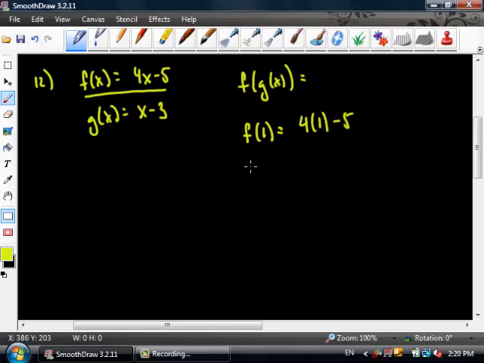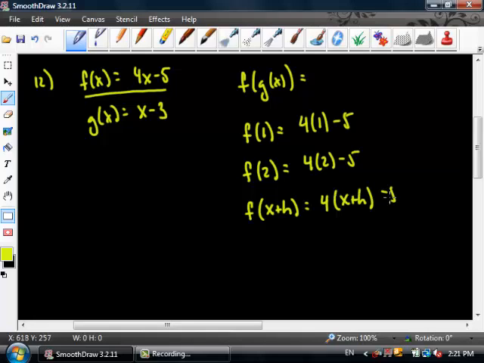If I asked you for f of 2, what is f of 2? 4 times 2 minus 5. Now, if I ask you for f of x plus h, everyone remember this? Jake, remember what that is? 4 times x plus h, minus 5, right? Now, if I ask you for f of g of x.